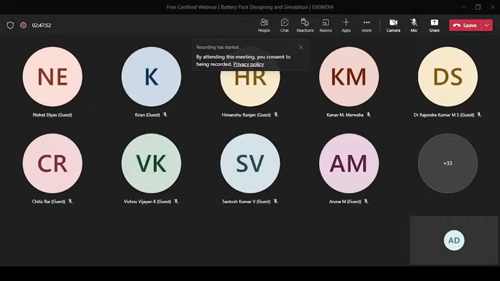I was answering the last question on eco-friendly electric vehicles and BS6. Electric vehicles are only eco-friendly depending on the way we are generating the power.